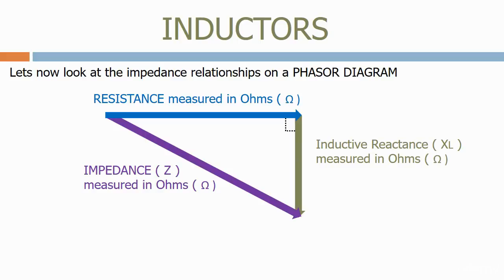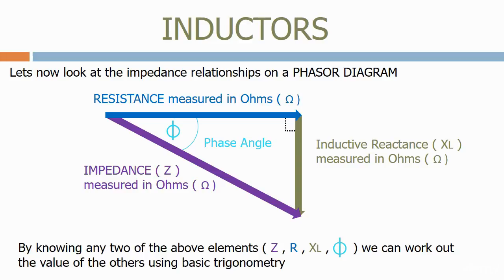That's the summation of the resistance and inductive reactance vectors. The angle between the resistance and impedance vectors is the phase angle. By knowing any two of the above elements, Z, R, XL or phi, we can work out the value of the others using basic trigonometry.